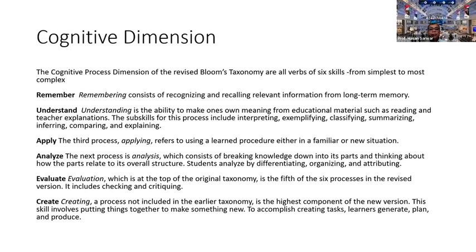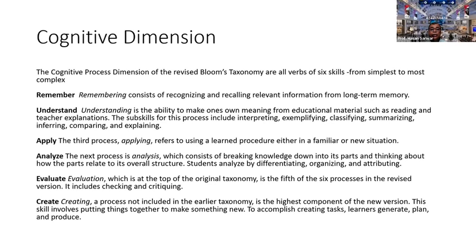This cognitive dimension of the revised Bloom taxonomy, as we said, has replaced all the nouns with verbs, and there are 6 skills from simplest to most complex. The simplest skill is known as remember. That means just recognizing and recalling relevant information from long-term memory.